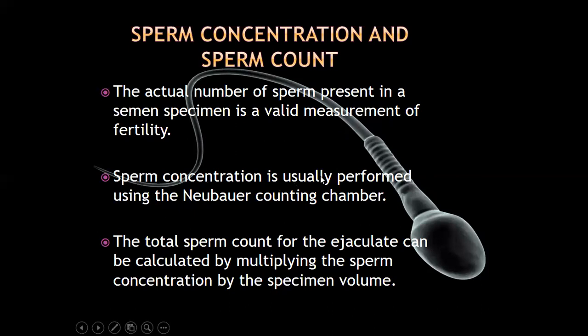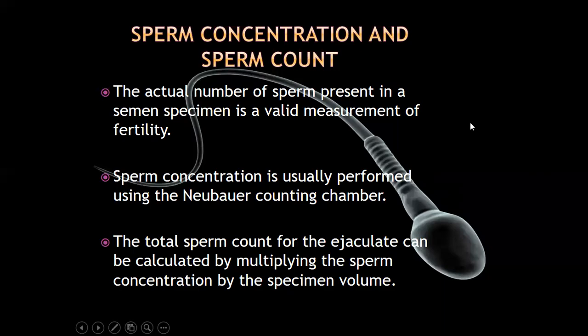This is not new to you because you used it in your hematology classes. The total sperm count for the ejaculate is calculated by multiplying the concentration by the volume. That's why you need to note exactly the volume that has been measured.